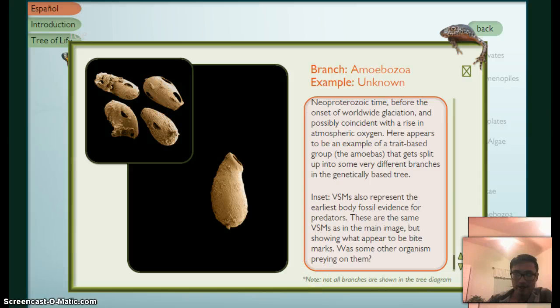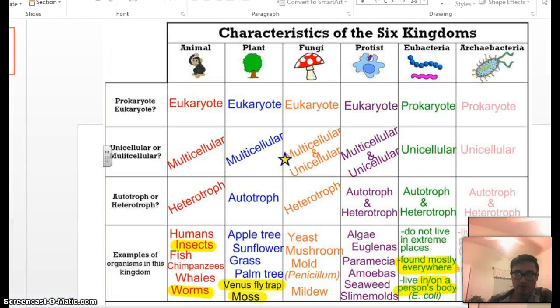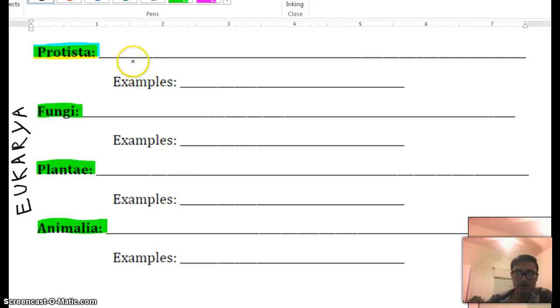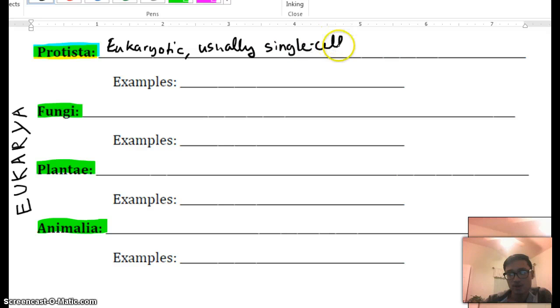Okay, so let's go back over here. And so we said that they're eukaryotic. They're usually single-celled. These are very small eukaryotes. And they're also going to be a mix of autotrophs and heterotrophs.